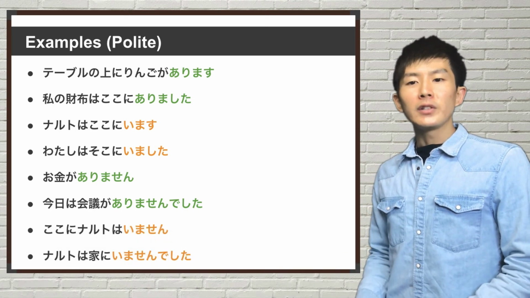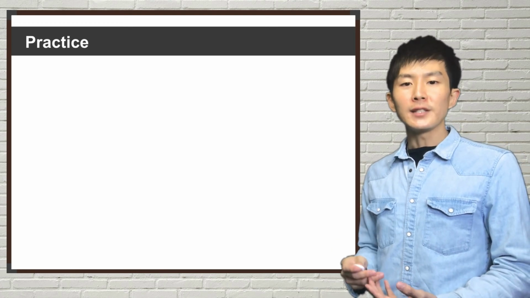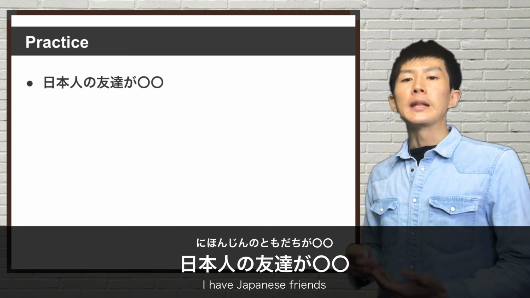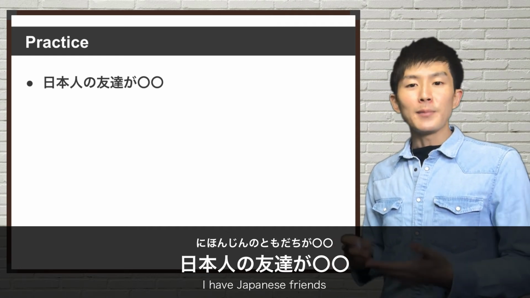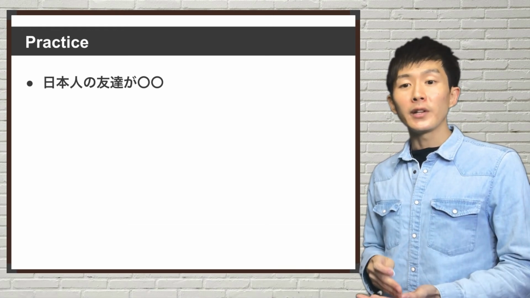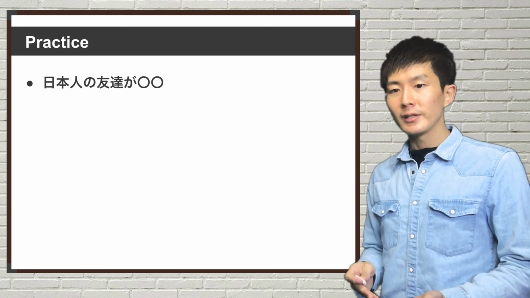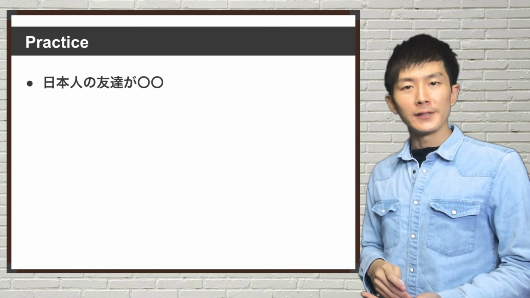Finally, I'm going to give you one question for reviewing today's lesson. The question is here. 日本人の友達が. The sentence means I have Japanese friends and there is a blank part in the sentence, so please try to think about which one you need to use, ある or いる. I'll give you 5 seconds.